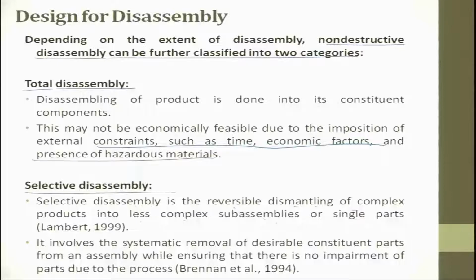So, one part you try to remove and the rest you do not even touch. Exactly, you remove one, replace one and the machine goes.